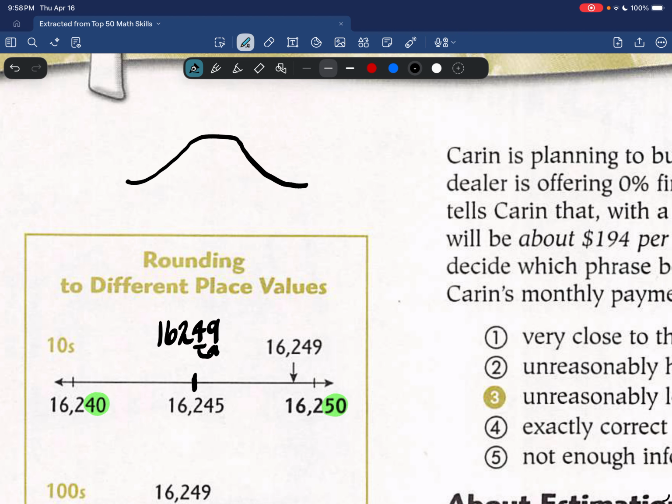I imagine a hill, and at the top of the hill is the number 5. 6, 7, 8, and 9 are on the round up side of the hill. So if the neighbor in my example is one of these numbers, I'm going to round up.